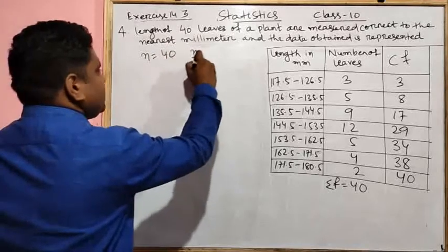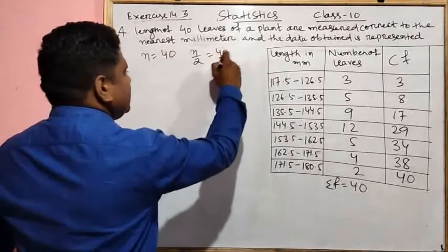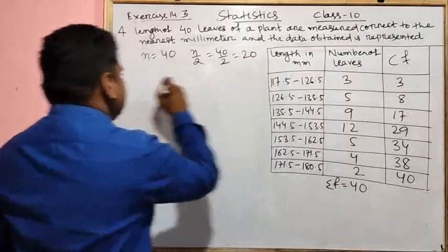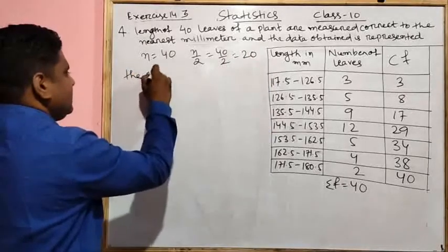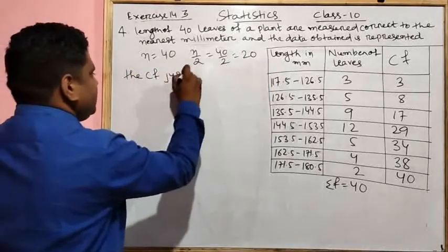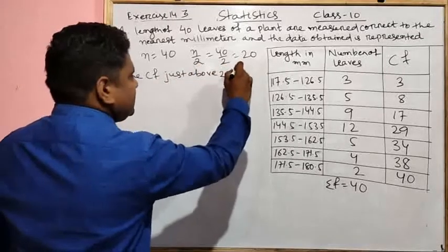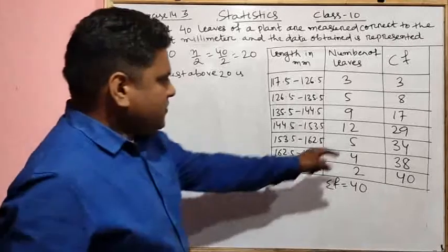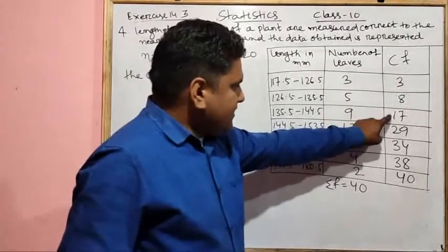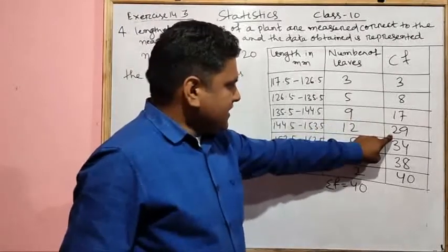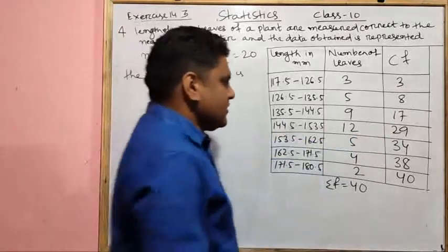So n by 2 equal to 40 by 2, it is 20. The cumulative frequency just above 20, which one is just above 20? This is 17, it is less than 20. Its next is 29, it is greater than 20.